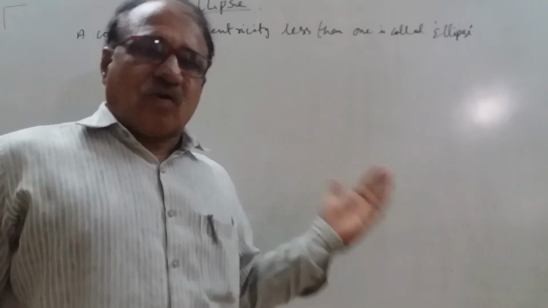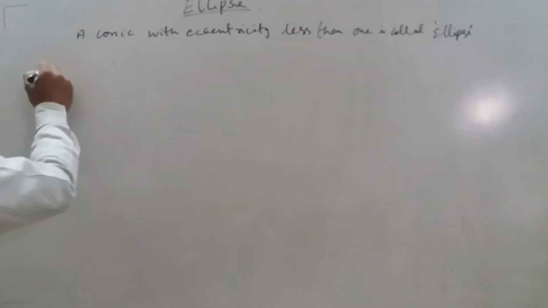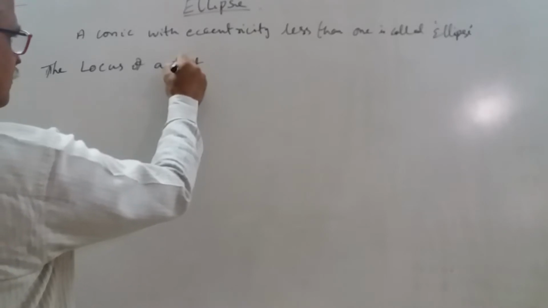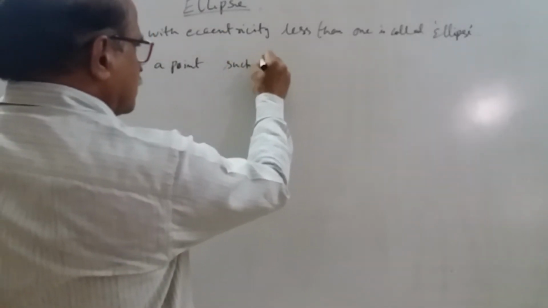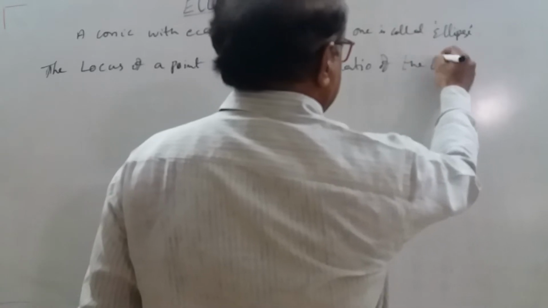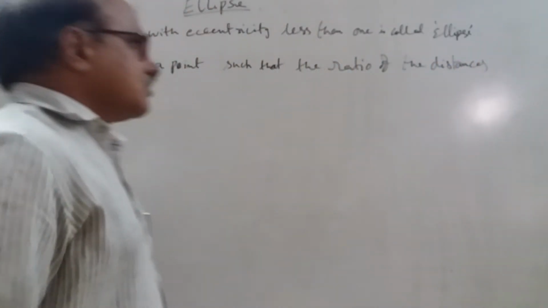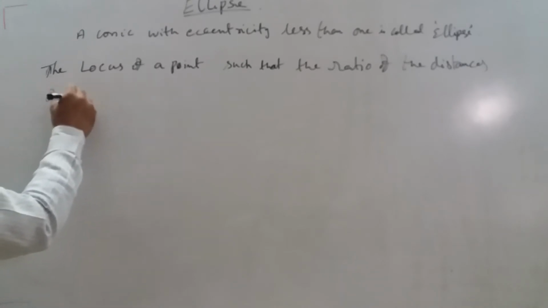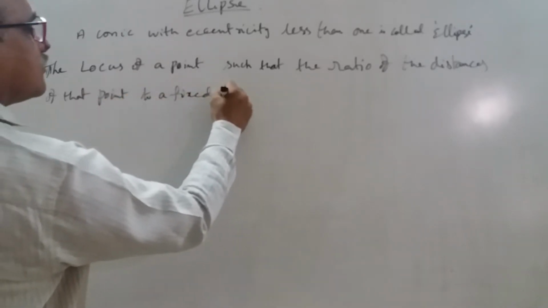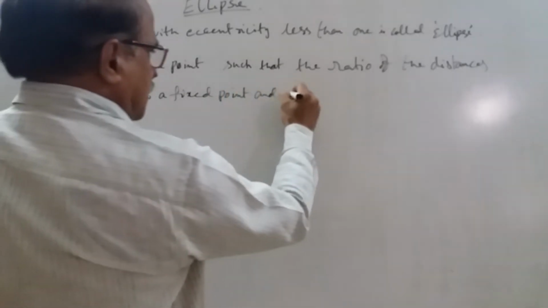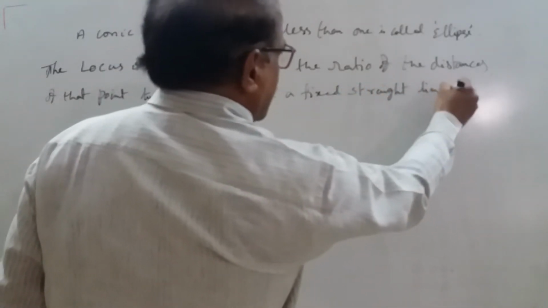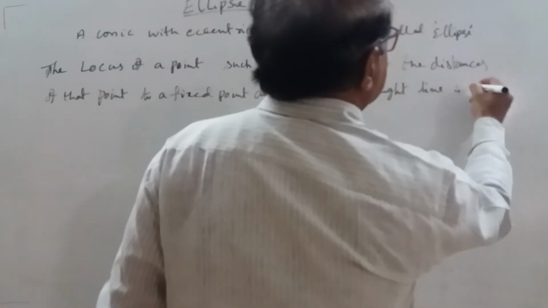It is the locus of a point such that the ratio of the distances of that point to a fixed point and a fixed straight line is E.